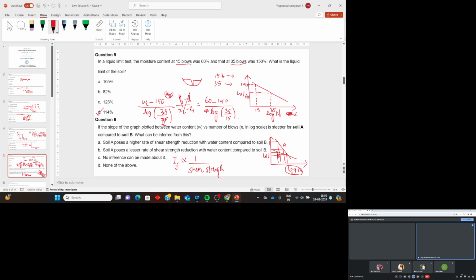So the rate of change which is being asked in the question will be relatively lesser for soil A compared to that of soil B. So option B is the right option.